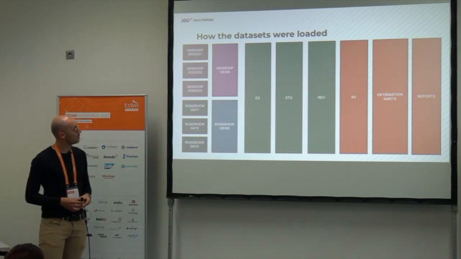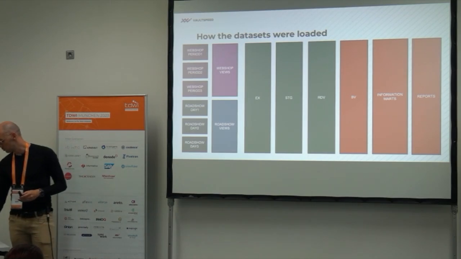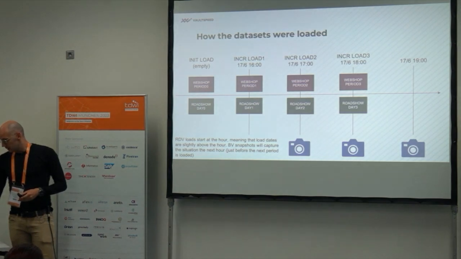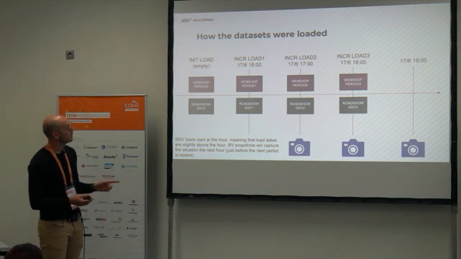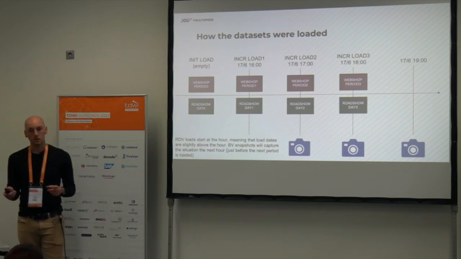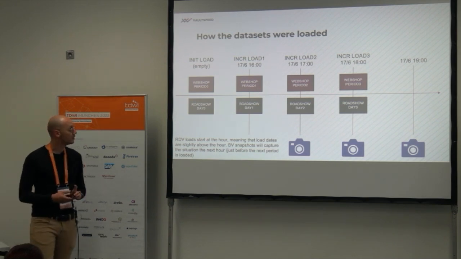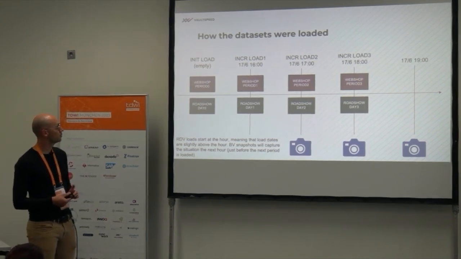And from there on, we could start to do the automation of the data vault model and the rest with VaultSpeed. This is how they were loaded. So I had hourly loads, and in between I set the correct CSV file, of course, to be loaded.